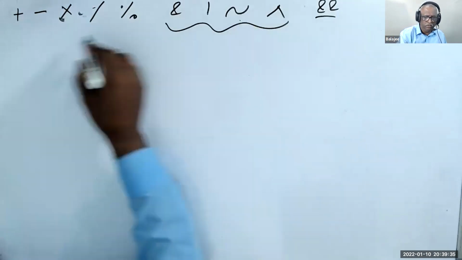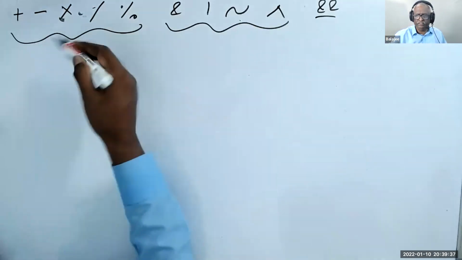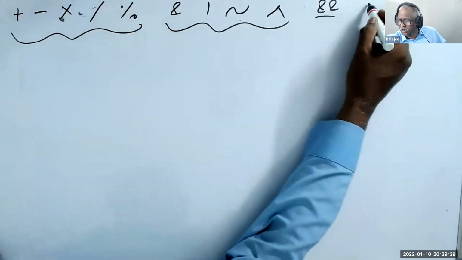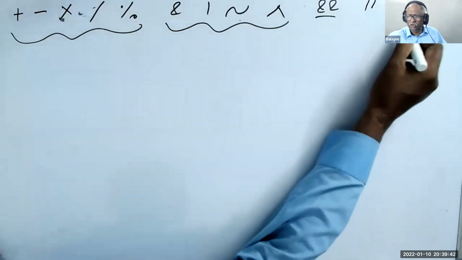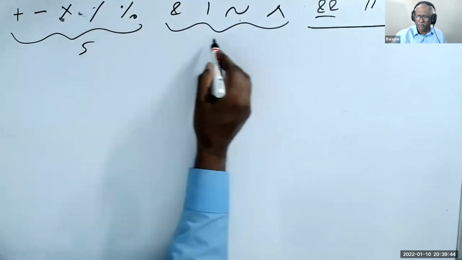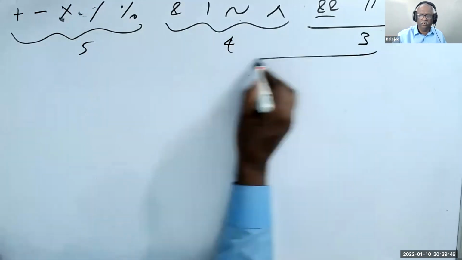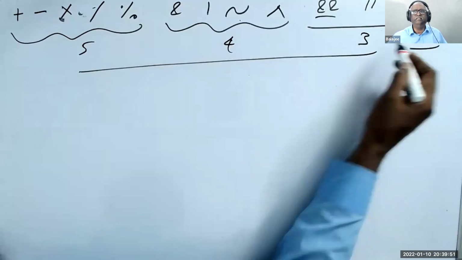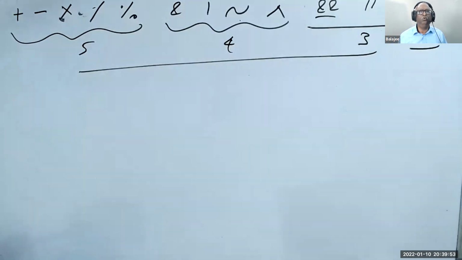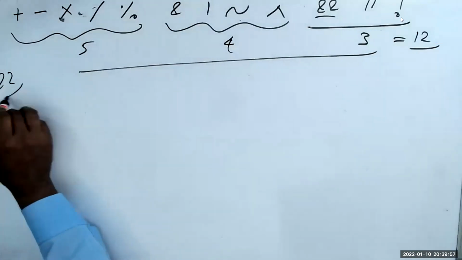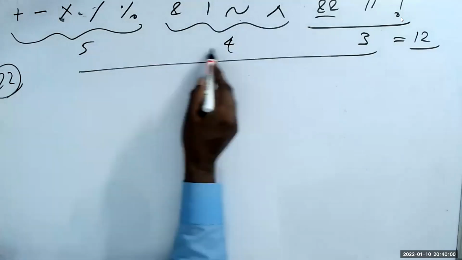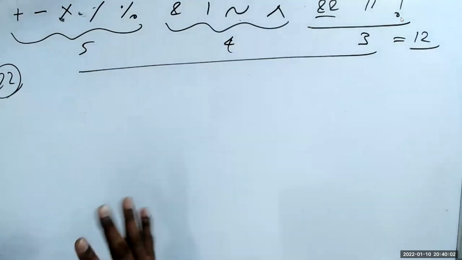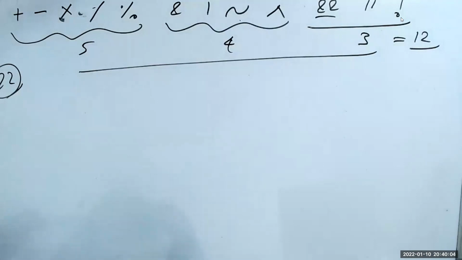Bitwise logical. Arithmetic is always bitwise. Then or, not. Totally how much? 5 plus 4 plus 3. Together it becomes 12. I said C has totally 22 operators. Out of 22, 10 have gone now. If you are thorough with the 10, you have actually done 50% more than that.